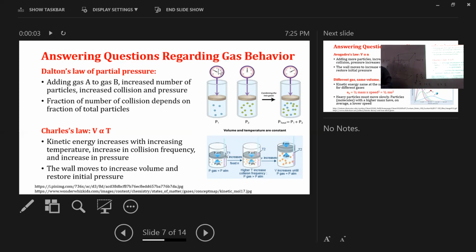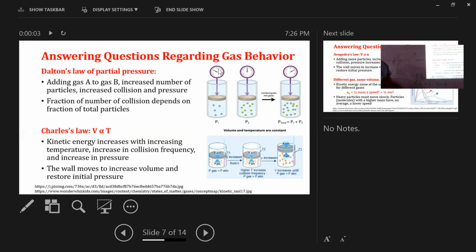Now if you combine both the gases in the same container, how many molecules are here? 15. Therefore, we can easily consider that the pressure of the container will increase, because we already have an idea that as the number of molecules increases, the pressure will increase.